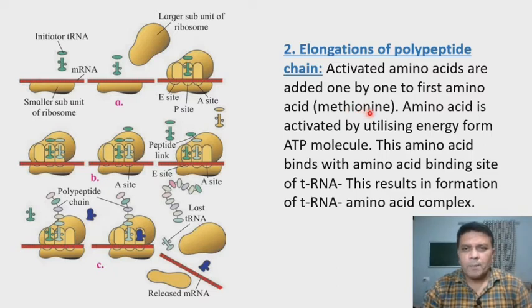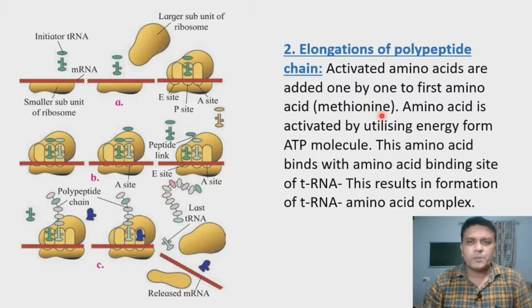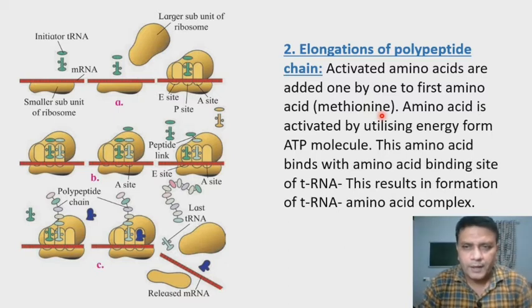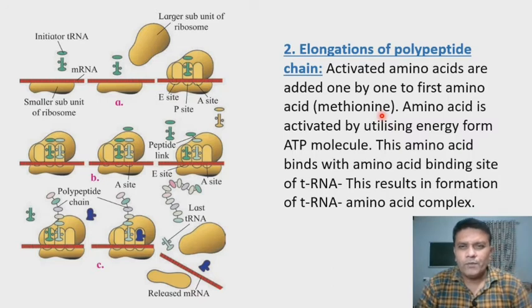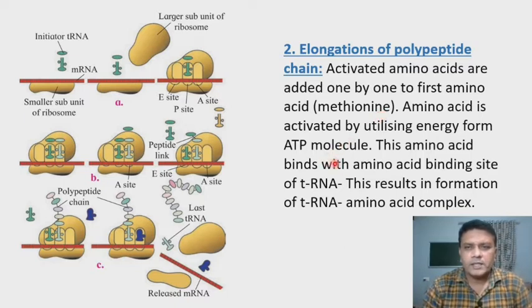We have seen that amino acids present in the cytoplasm get activated with the help of energy obtained from the ATP molecule, and these amino acid molecules join to the tRNA at the C3 end or the acceptor end. It is also called the amino acid binding site of the tRNA, and forms a tRNA amino acid complex.